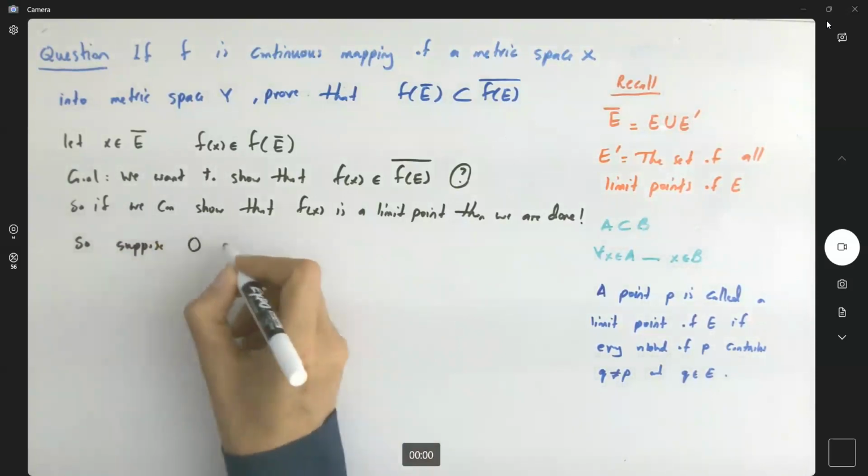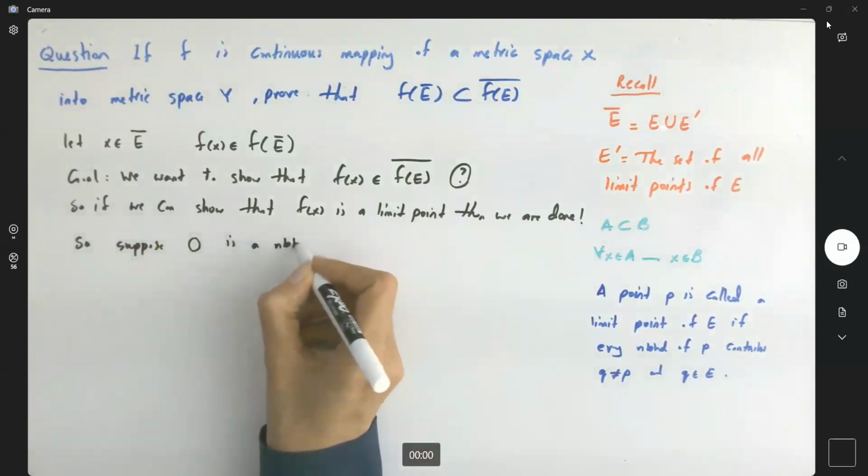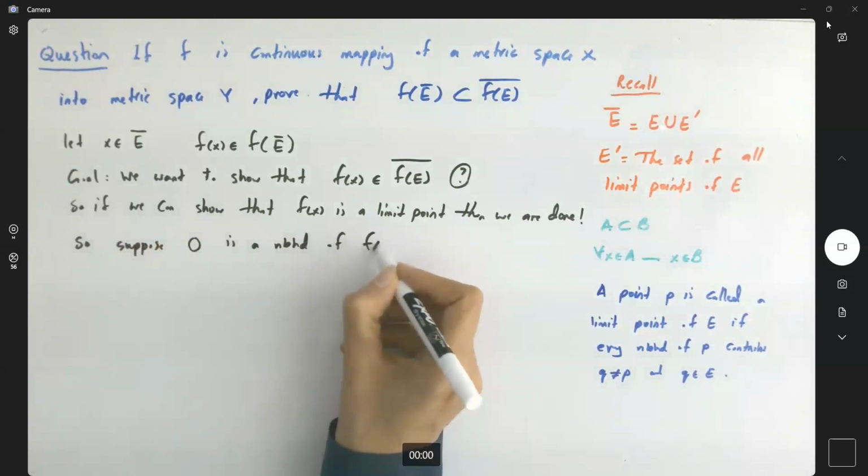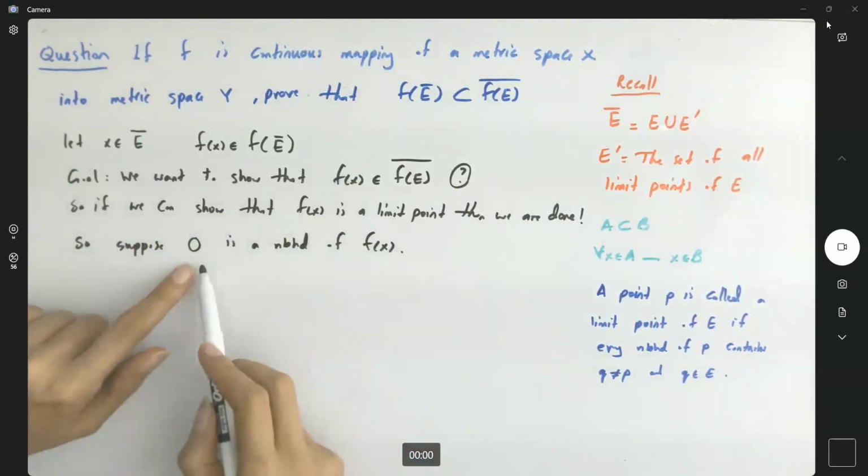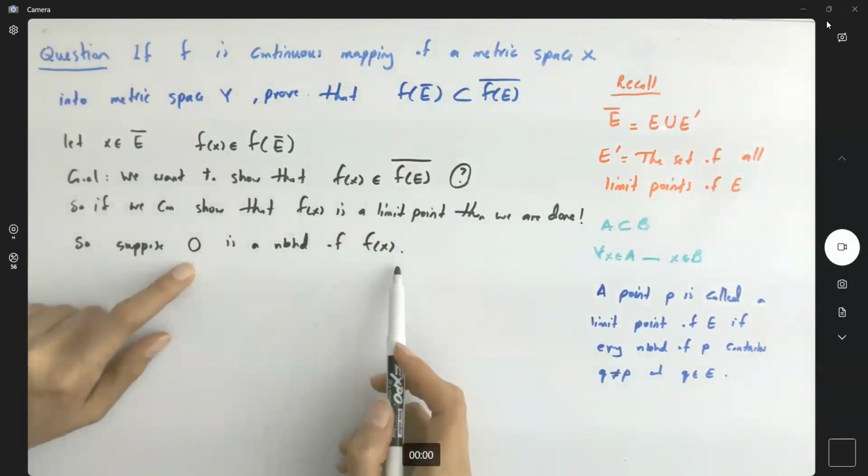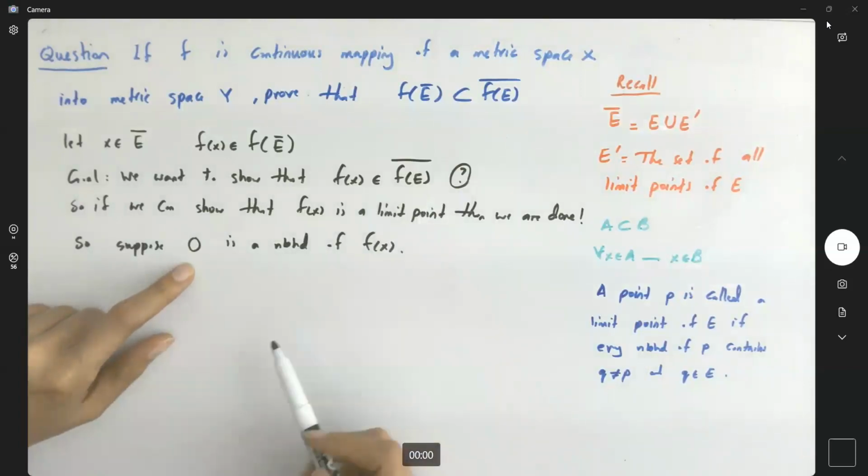Suppose O is a neighborhood of f of x. If we can show that this neighborhood contains any other point in f of E, then we're done.